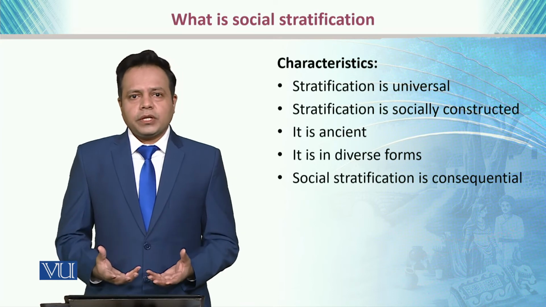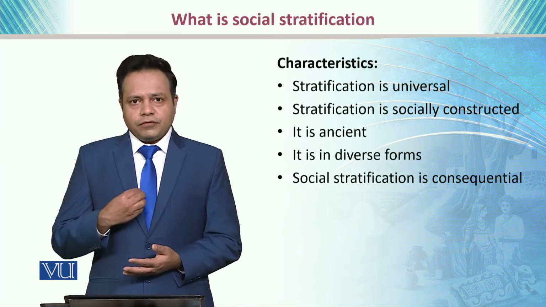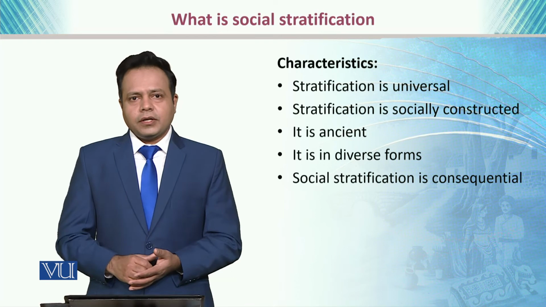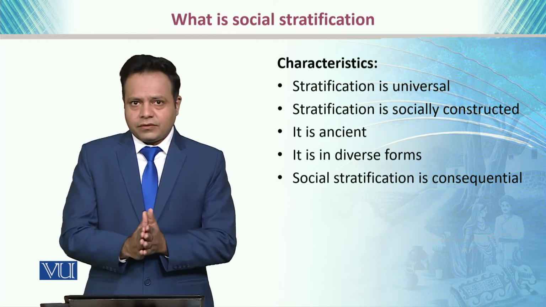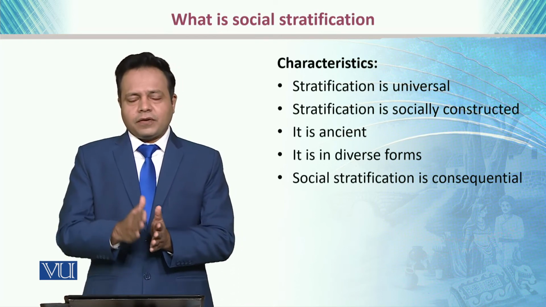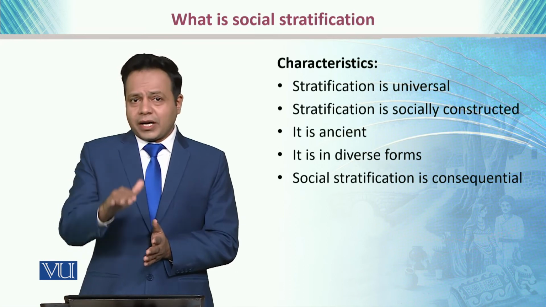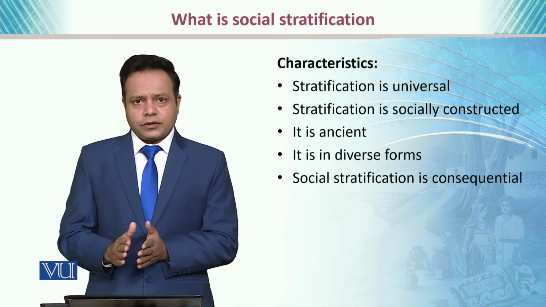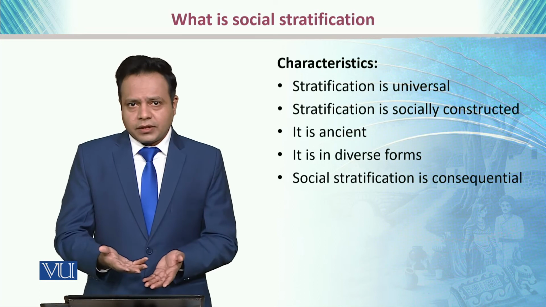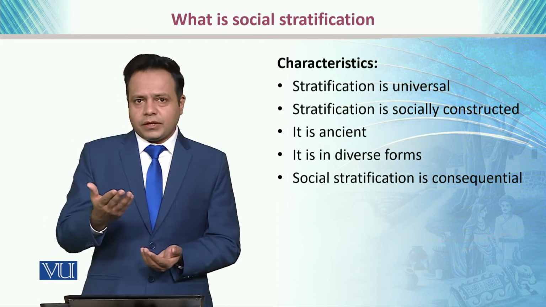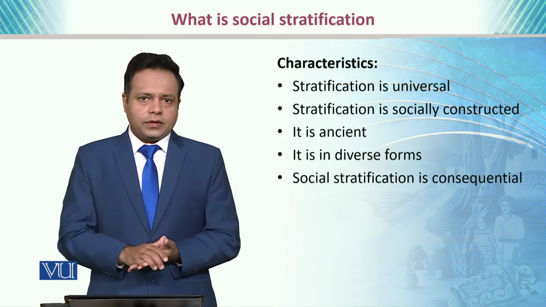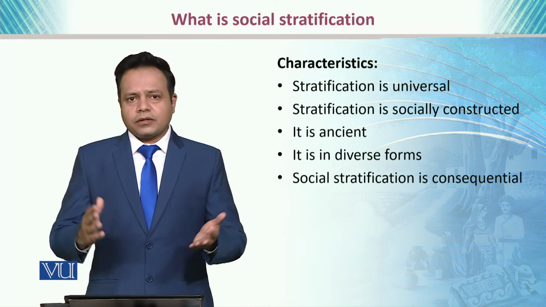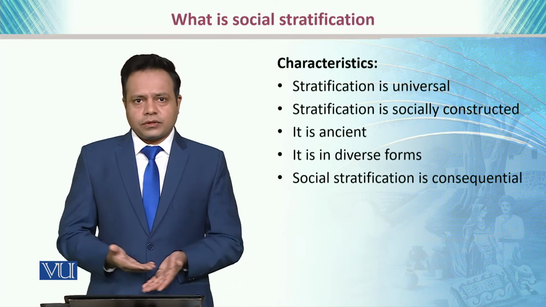These are purely human constructions. We make sense of what a person means. We make sense of, for example, whether a cobbler is of higher or lower status, or a goldsmith is of higher or lower status. All these values are our own social constructions.